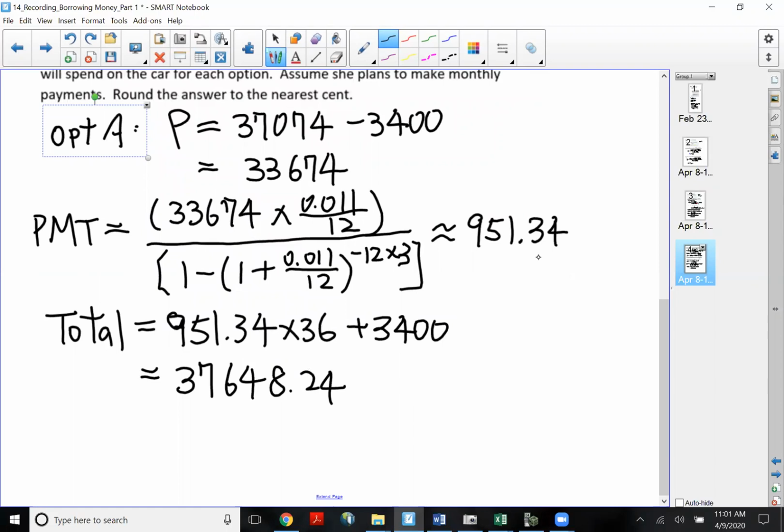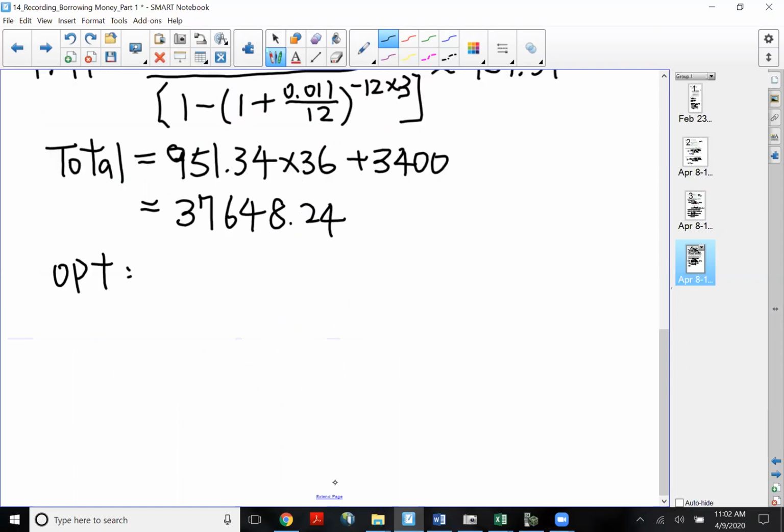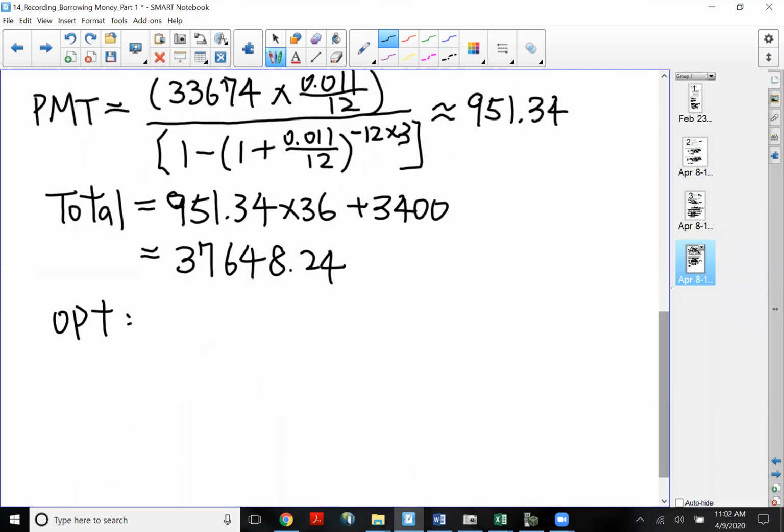So what does that mean? The cashback is going to be treated as a down payment. So she will end up financing: the car was $37,074 minus the down payment she already saved and minus the cashback, $2,000.